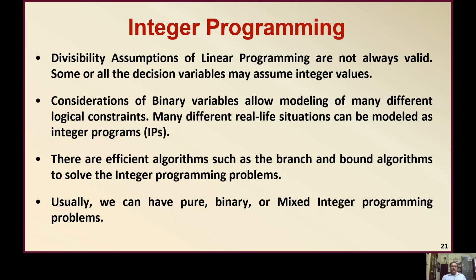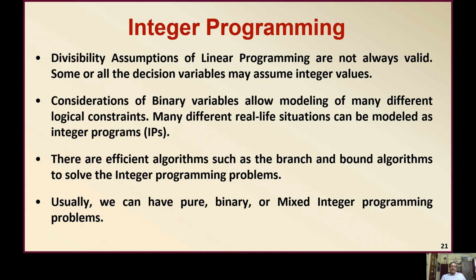So we can have pure integer programming problems where integer solutions could be any value and not just 0 and 1. If they are 0 and 1, they are called binary, or there could be mixed integer programming problems. In a mixed integer programming problem, some of the variables are integers, others are not, right?